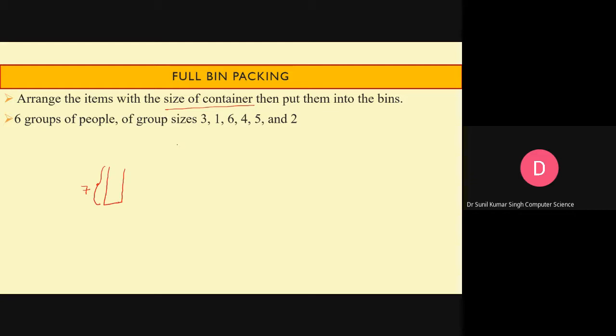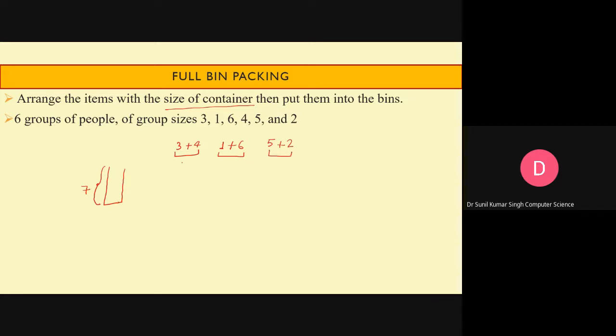Look here, if we use 3 from here, then next item we can use 4. Now if we use 1 from here, then next item we can use 6. Similarly, if we use 5, then next item we can use 2.